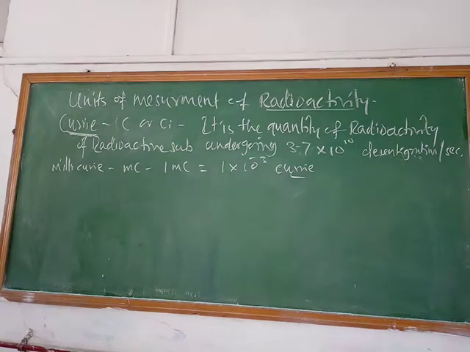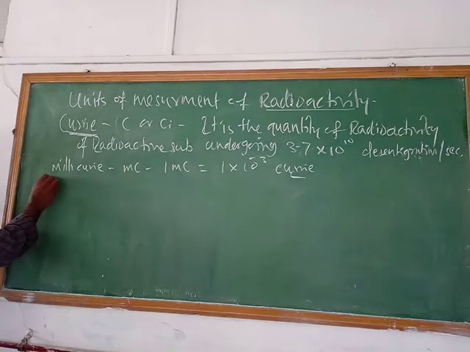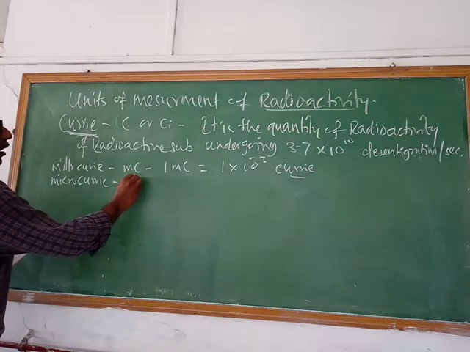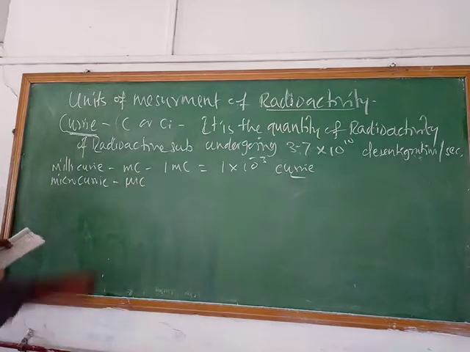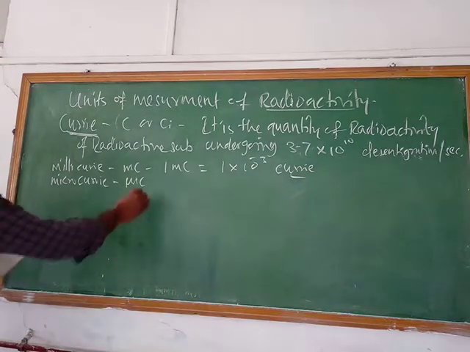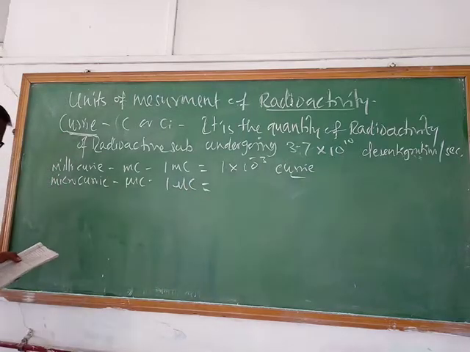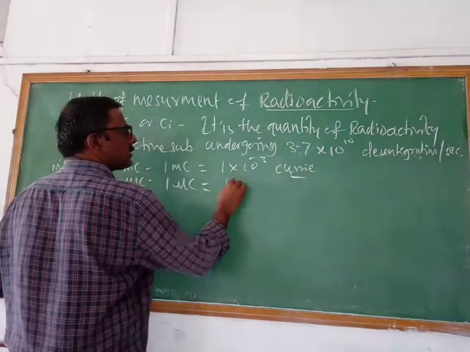It undergoes 3.7 into 10 raised to 7 disintegrations per second. Then microcurie, also denoted by μCi, with micro as a small mu. 1 μCi is equal to 1 into 10 raised to minus 6 curie.